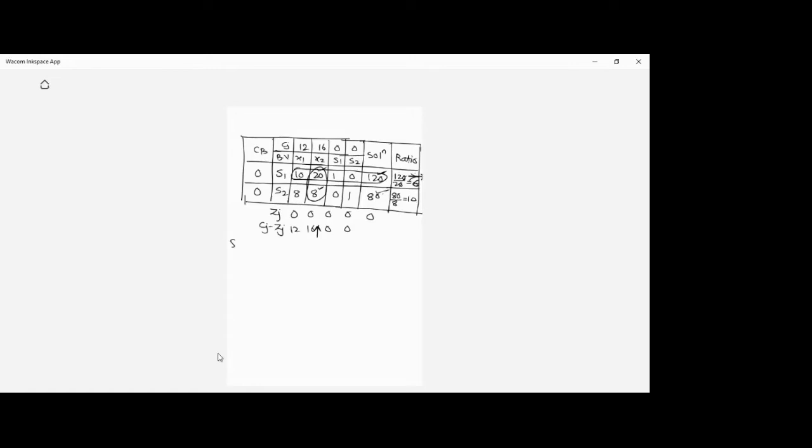So I'll just write here. For key column, that is the entering variable, select the max value amongst Cj minus Zj values.